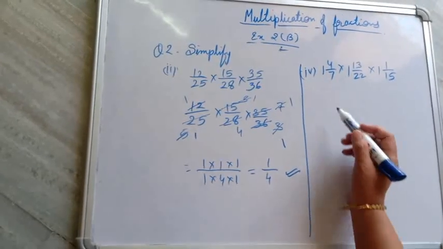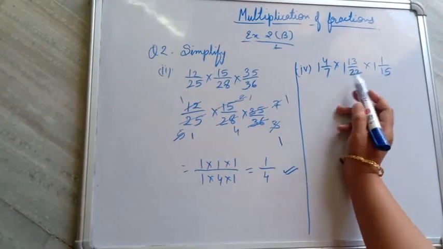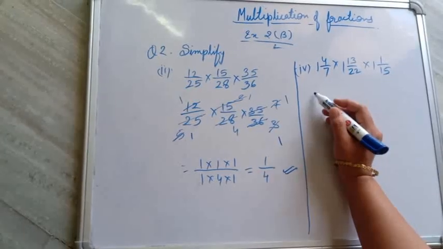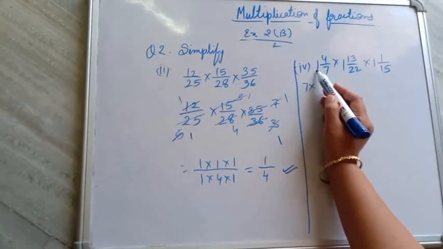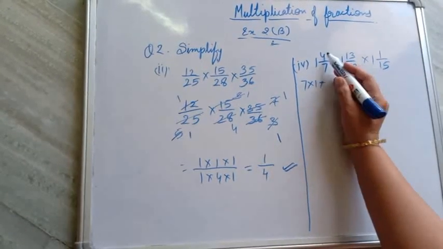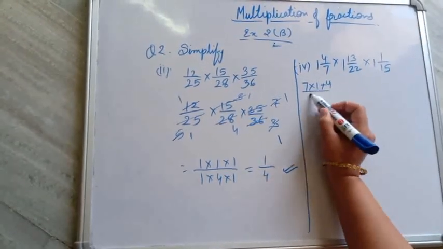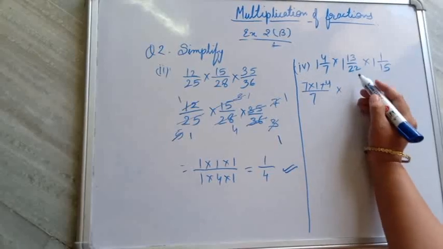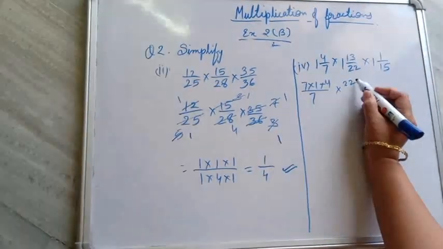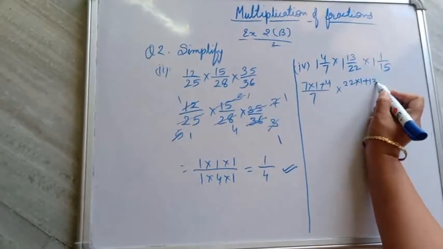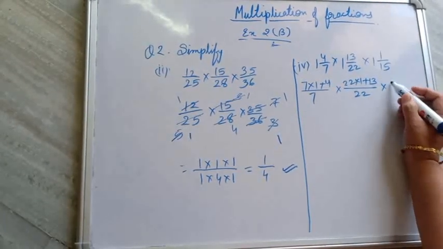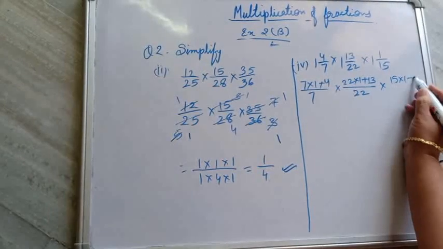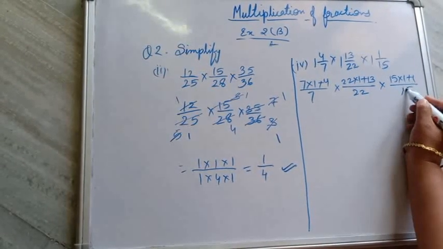This is the question. Now all these three are in mixed fraction. We have to convert them into improper fraction first. So 7 multiplied by 1 plus 4 upon 7, 22 multiplied by 1 plus 13 upon 22, into 15 multiplied by 1 plus 1 upon 15.